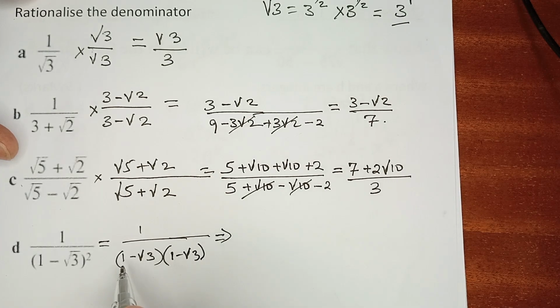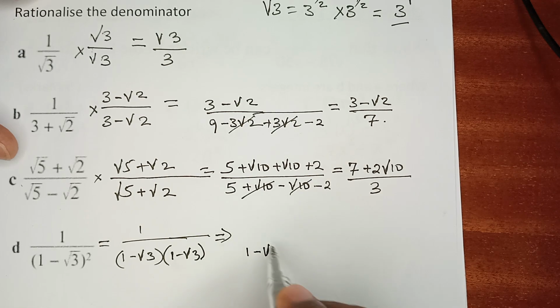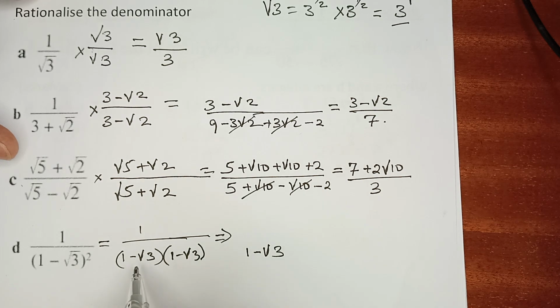We have 1 times 1 is 1, 1 times minus root 3 is minus root 3, minus root 3 times 1 is minus another root 3.